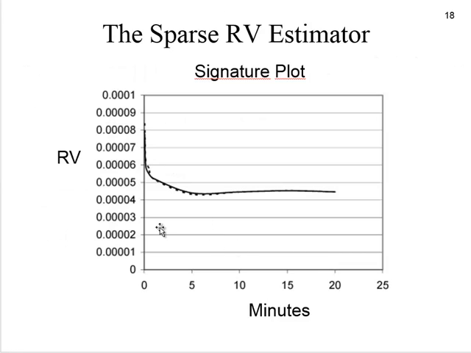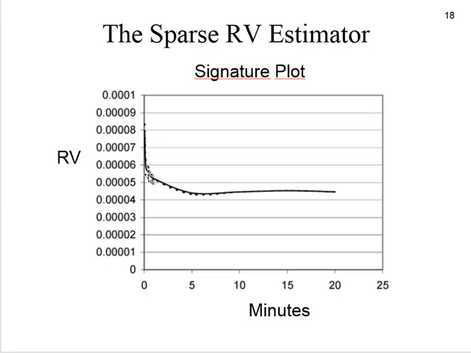To answer this question, we're going to use signature plots. Signature plots have the frequency of return on the x-axis. So here we go from basically 0 minutes, let's say 1 second, up to 20 minutes. And we have on the y-axis the Sparse RV Estimator. Notice that the All RV Estimator, which would be the one about here, overestimates volatility.